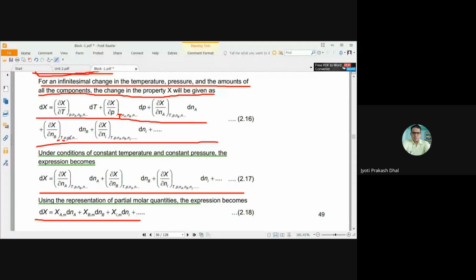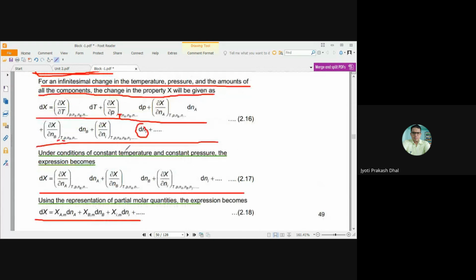That means here there will be variation of the number of moles of the second component, plus del X by del Ni at T, P, NA, NB, Nj dNi. So here at constant temperature, constant pressure, constant number of moles of the first, second, etc. component, only the ith component will be varied.